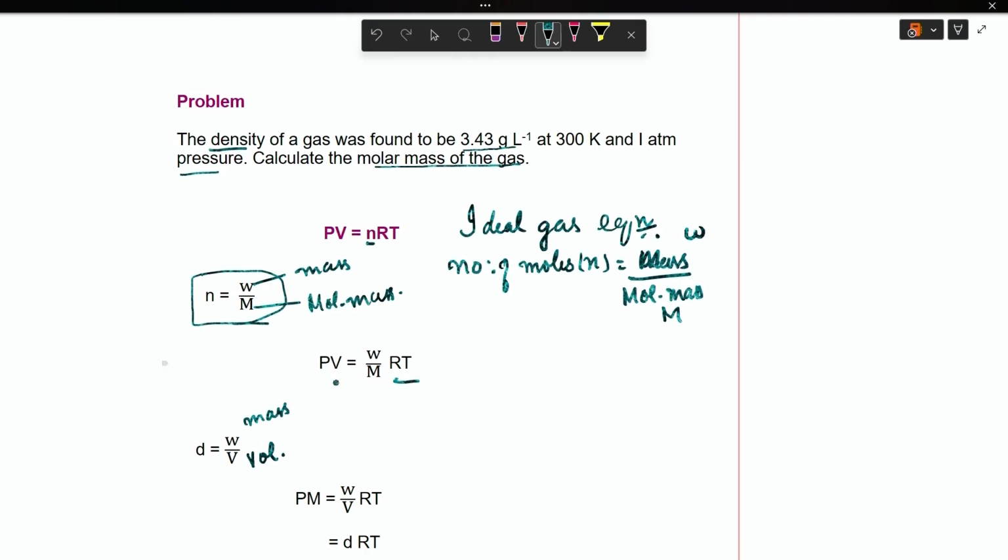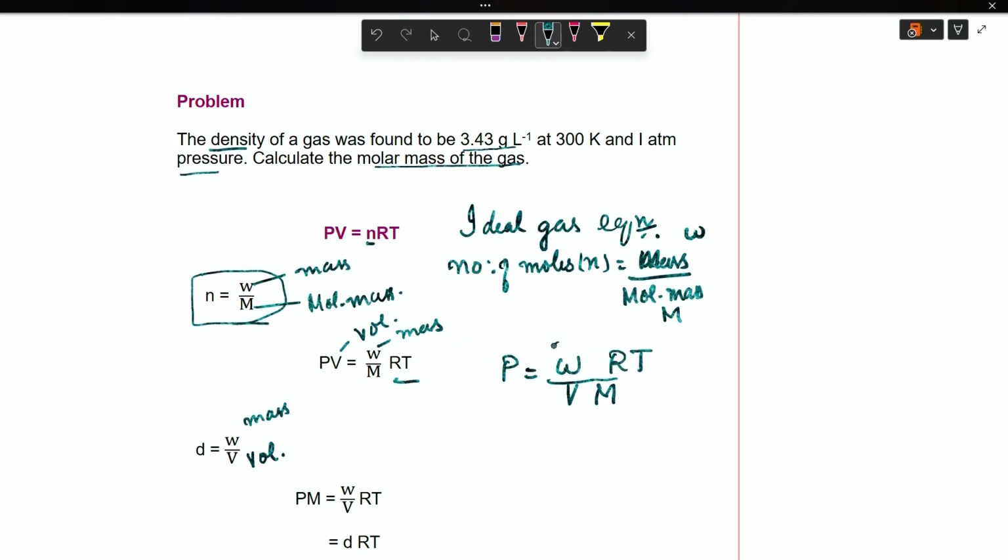Now, from this expression you can convert that in terms of density, because here this is mass, this is volume. So, if I bring it like this, P is equal to, okay, this is the mass by volume. Of course, the other things are there, capital M and RT.